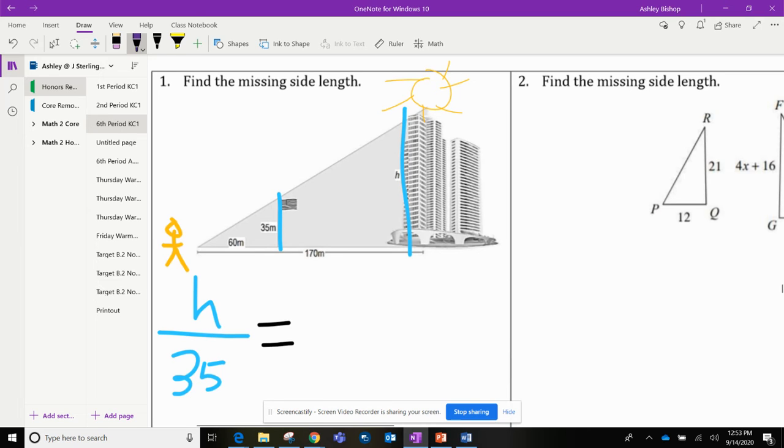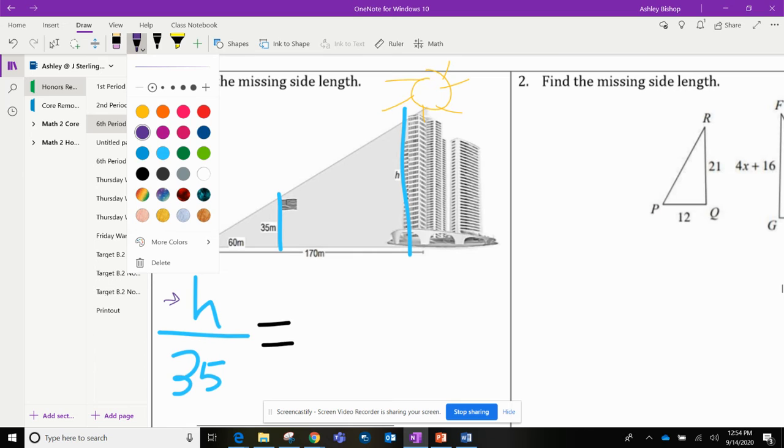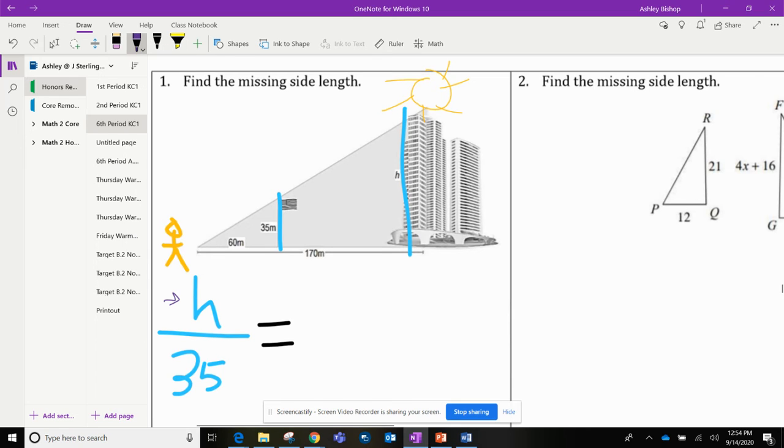Since I started this fraction with the height of the building, I need to start the top of this fraction with the shadow of the building. Or I'm sorry, the 2 numbers on top of my fraction should come from the building. And then I'm going to divide it by the length of the shadow of the flagpole.